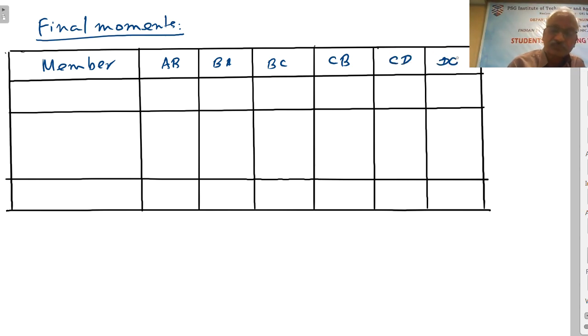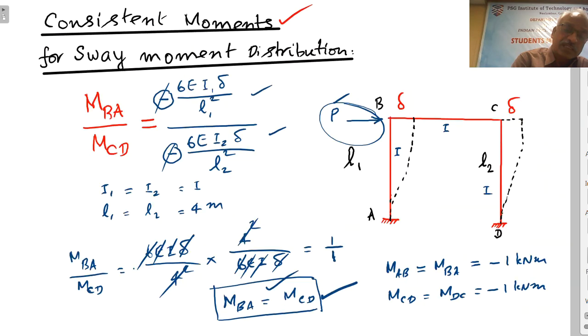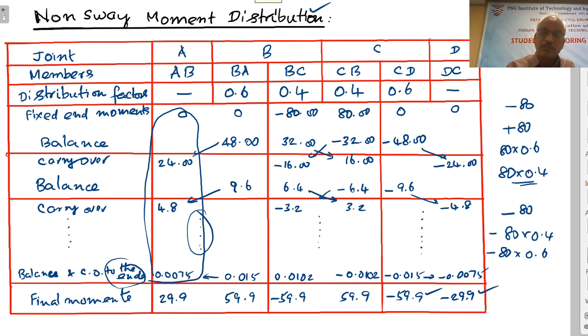Now in this tabulation, for the non-sway moments, we have already carried out the non-sway analysis. These are the moments: 29.9, 59.9, minus 59.9. These are to be written in the first row, non-sway moments.